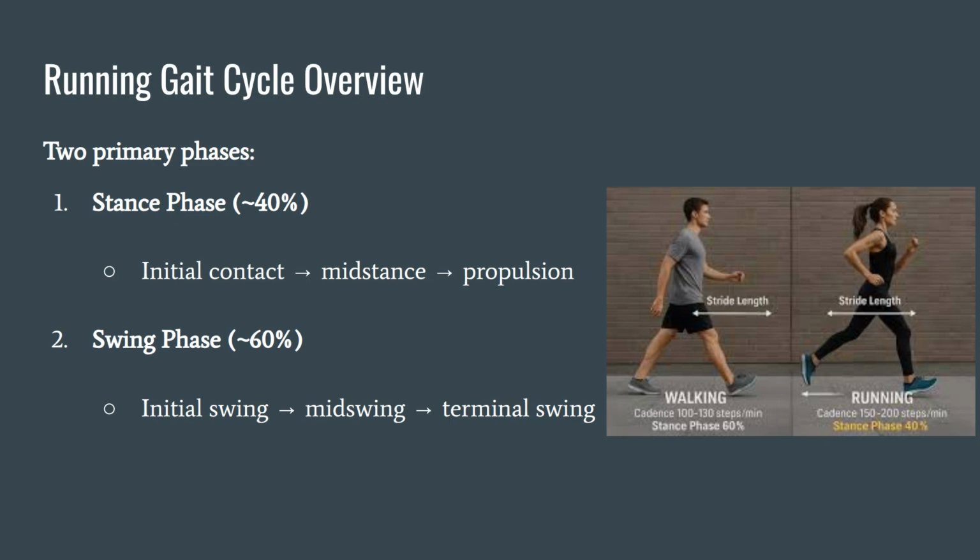In running, stance is brief and violent, force spikes quickly, while swing is long and critical for limb repositioning. Because stance is short, there is very little time to correct errors. This is why technique matters more in running than walking.